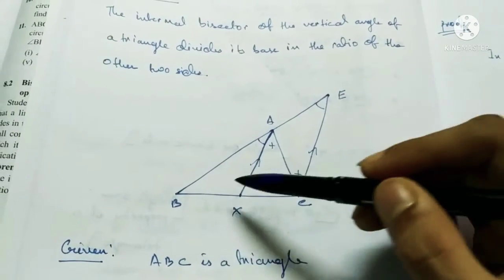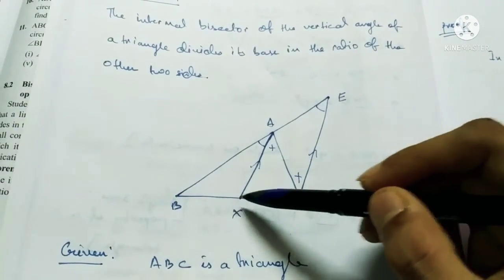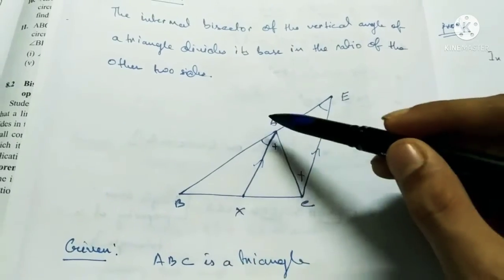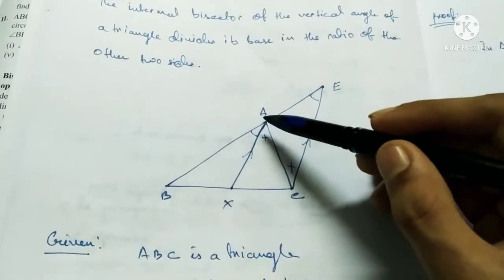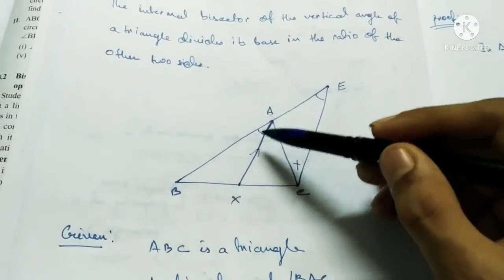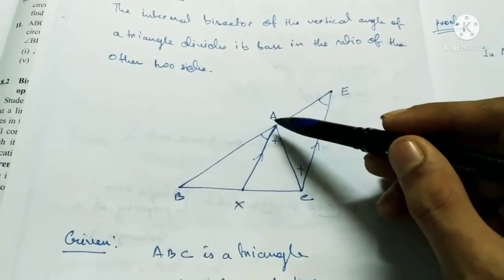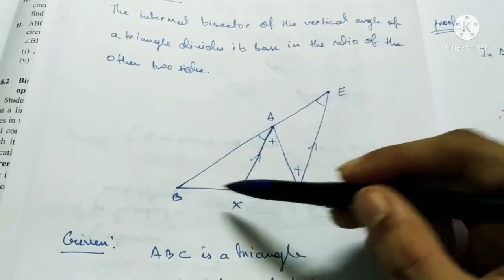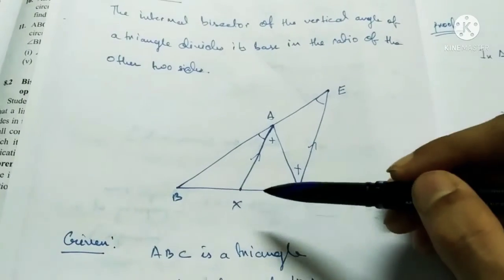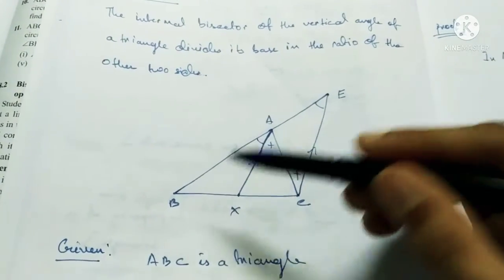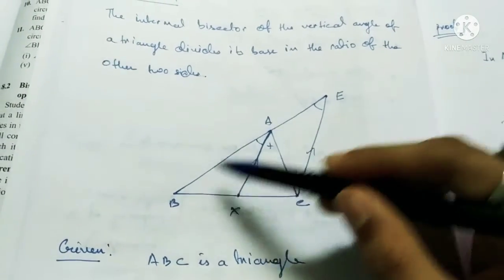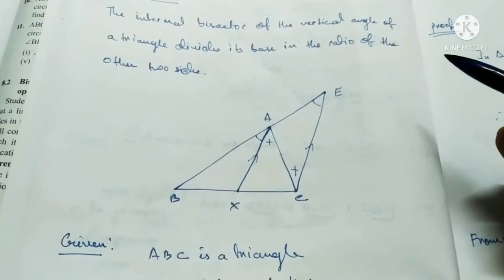That means BX by XC is equal to AB by AC. The internal bisector of a vertical angle of a triangle divides the base in the ratio of the other two sides. That means BX by XC is equal to AB by AC, I have to prove.